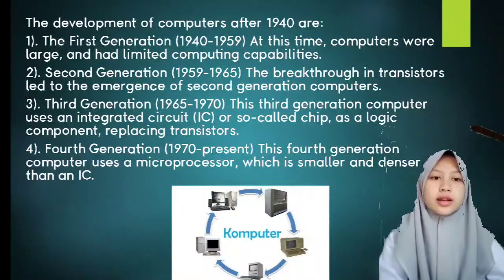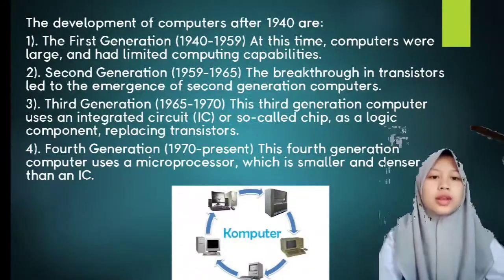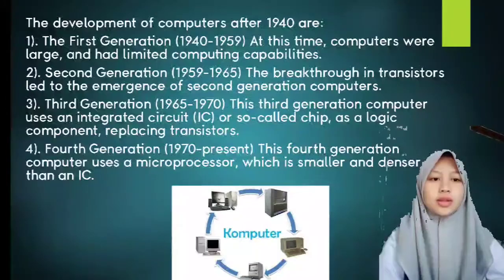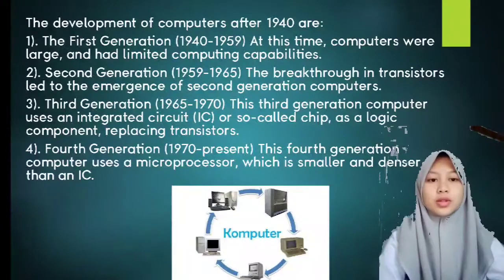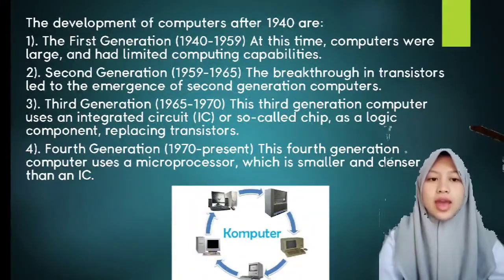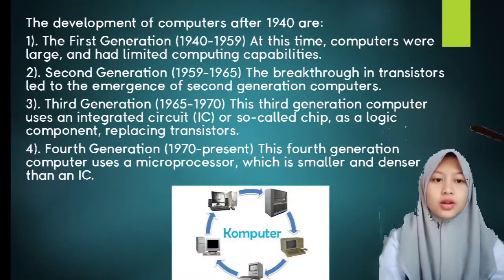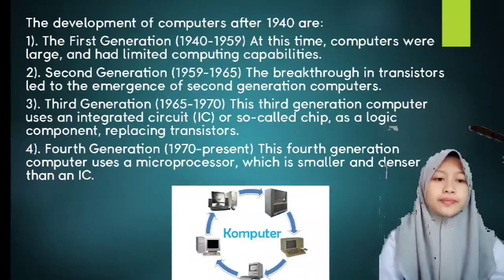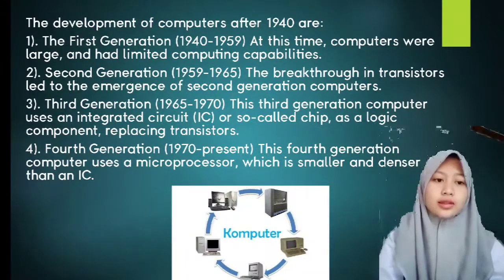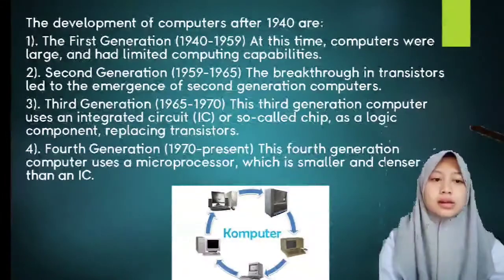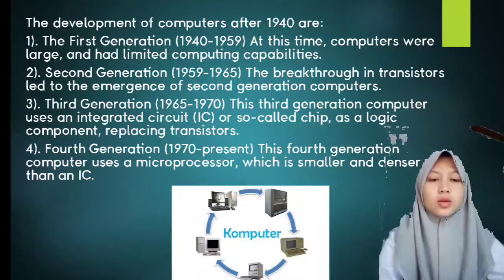And next, third generation computers used the integrated circuit, IC, resulting in even smaller computers. Programming languages that were developed with this third generation of computers are structured programming languages such as C and COBOL. An example of this third generation computer is the IBM 390, which was launched in 1900.